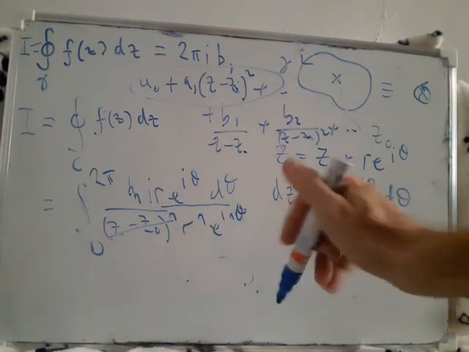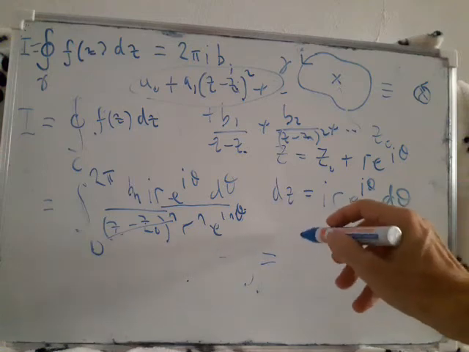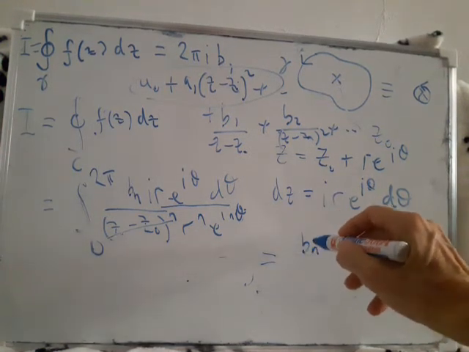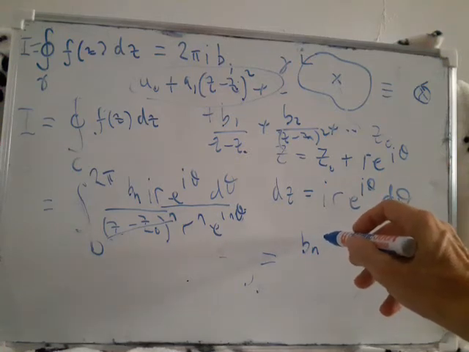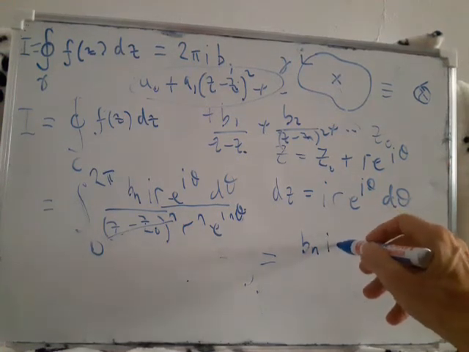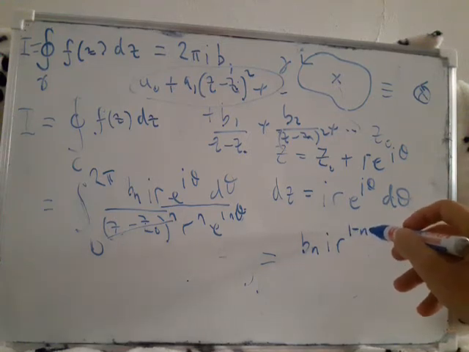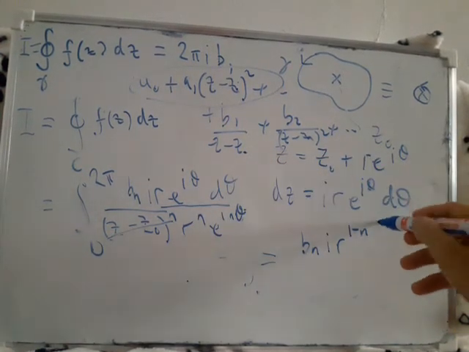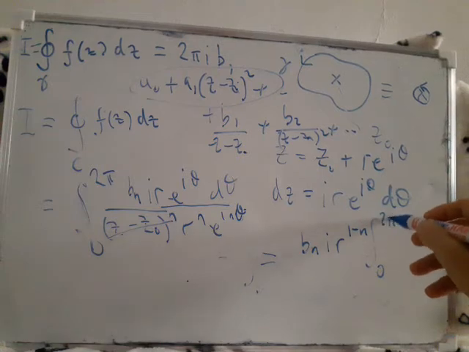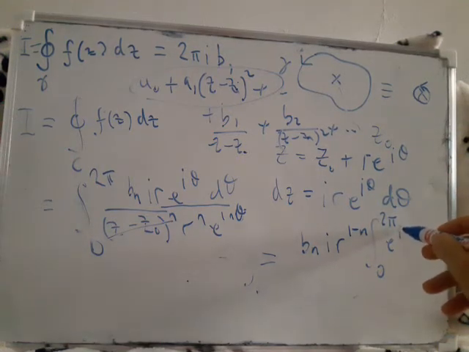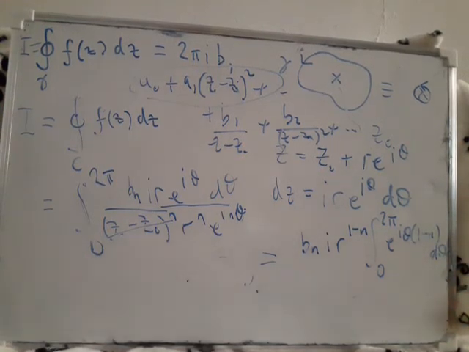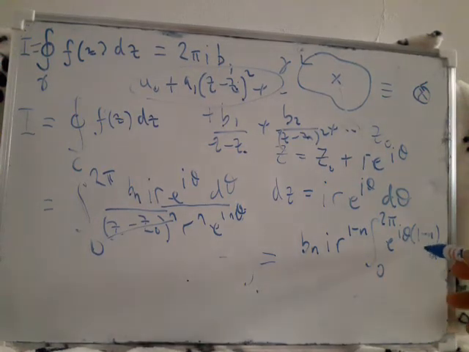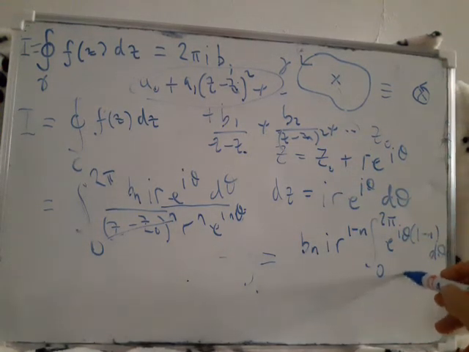If n is not 1, then I get bn times i times r to the 1 minus n, and the only thing left in the integral is e to the i theta (1 minus n) d theta. So this is the n not equal to 1 case.